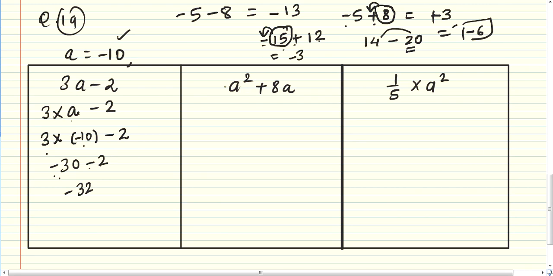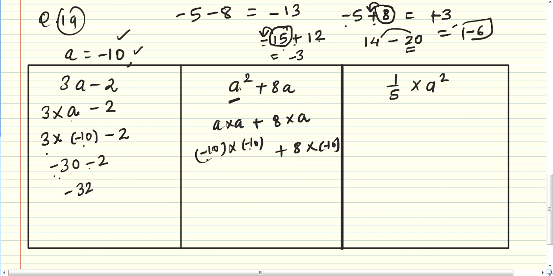Clear? So a square means what? a into a, plus 8a means 8 into a. Now value of a, minus 10. As I told you, if you are having a negative number and the power is even, you will get a positive answer. So minus 10 into minus 10 plus 8 into minus 10.